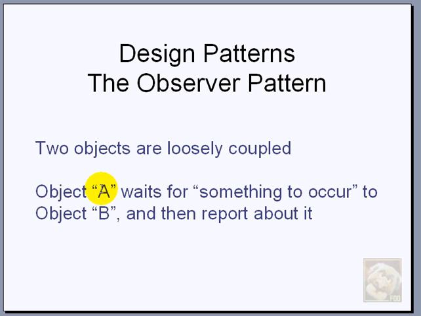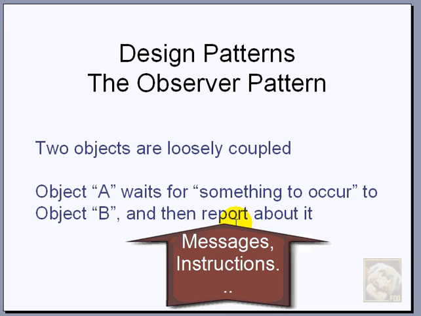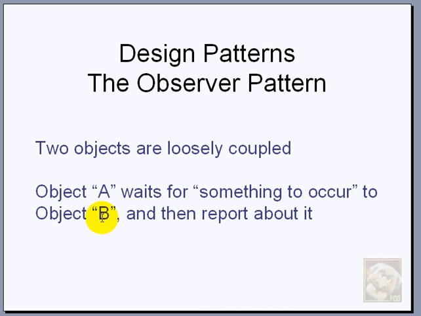When A observes that this has happened, A will produce a report. It will say something, or it will execute something. Something will happen. But not before. Not before you and I come and click on the button.